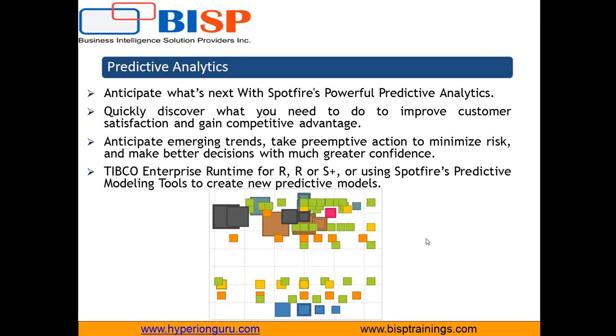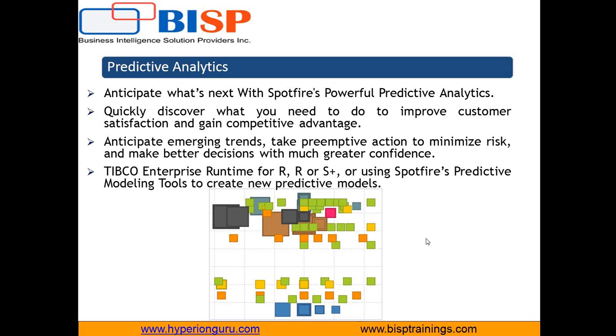So, anticipate emerging trends, take preemptive action to minimize risk and make better decisions with much greater confidence. At times what happens is in some organizations, if some kind of fraud is also going on, they won't understand that whole process. So to minimize the risk, to understand what kind of risks and what kind of frauds are going on, this is where you can make a good decision and help in identifying those things and reduce them, minimize them, or stop them.